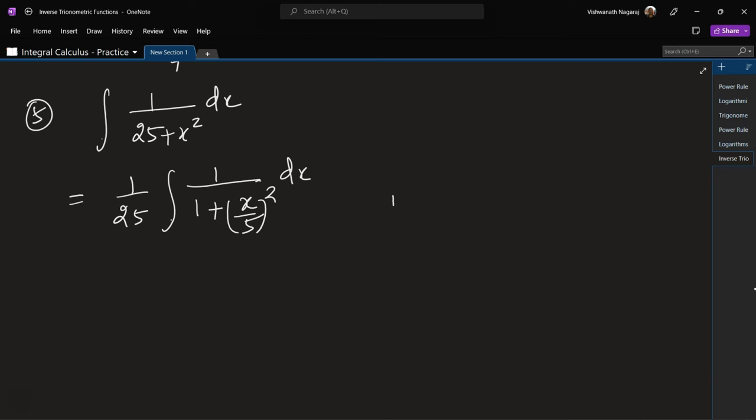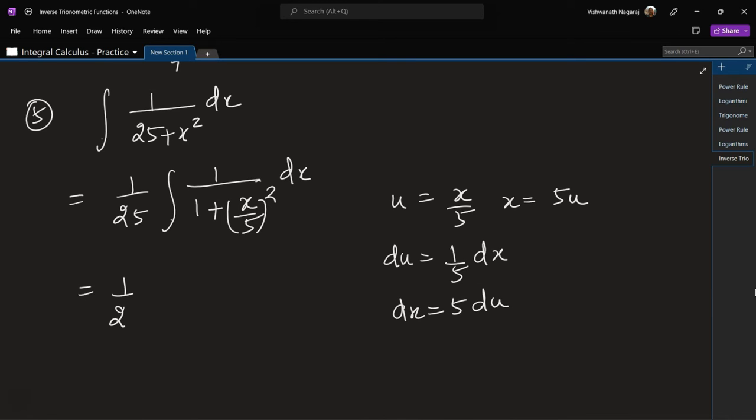Okay, now let's again do the substitutions. u, let it be x by 5. So which means x equal to 5u, du is equal to 1 by 5 dx, and then dx is equal to 5 du.